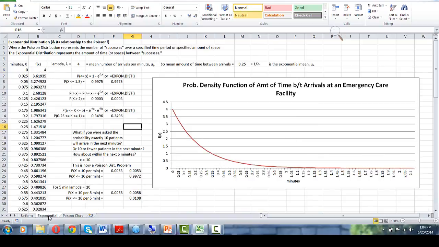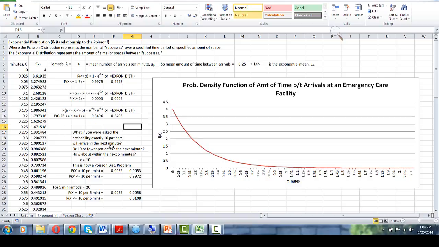So let's say all of a sudden, besides being asked the amount of time that will lapse, we're asked, what's the probability 10 patients will arrive in the next minute? Well, you should see that as a very different problem than what was up here. This was the amount of time between arrivals.